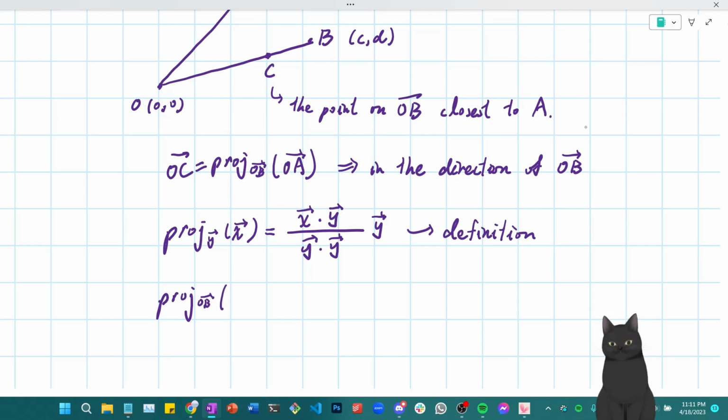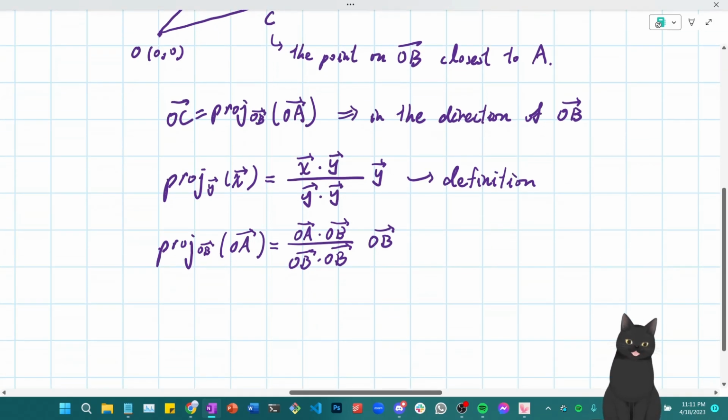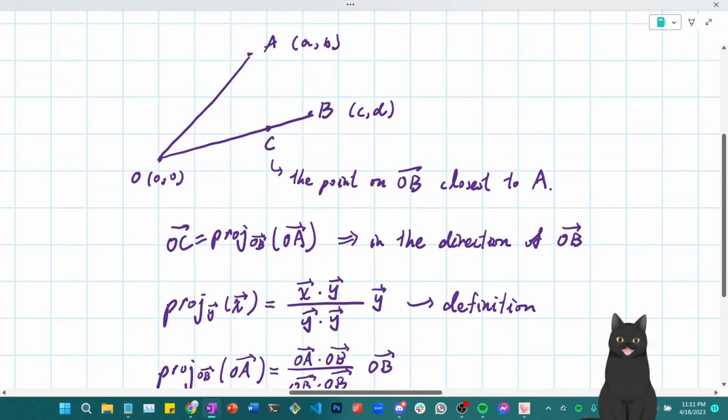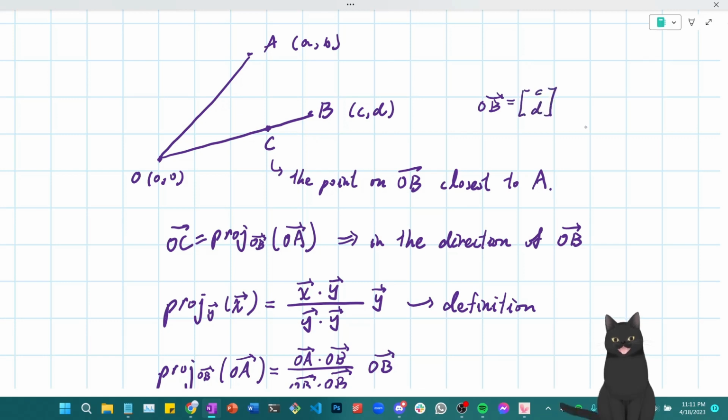So coming back to this, projection of OA onto OB is equal then to OA dot OB over OB dot OB times OB. Now we just have to write this in terms of components. The dot product of OA and OB. Well, once again, OB is going to be equal to the vector going from 0, 0 to CD. So OB is equal to CD.